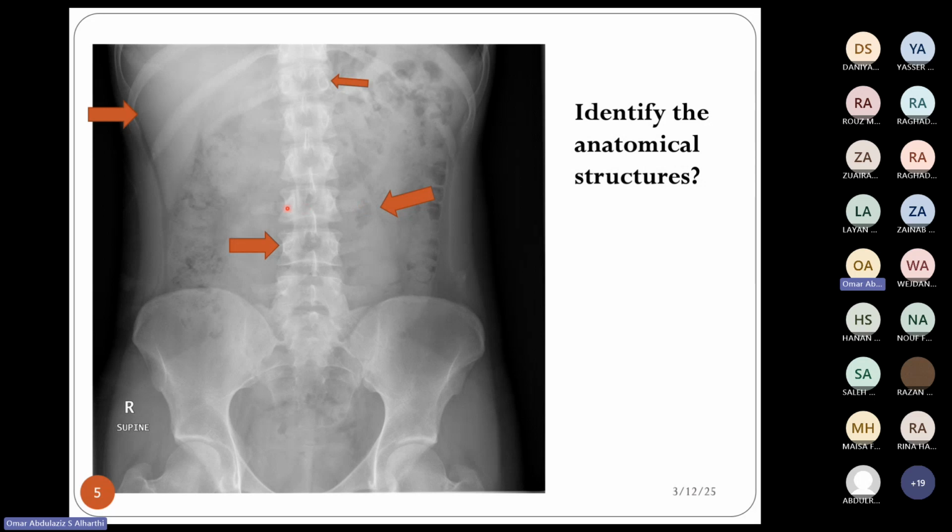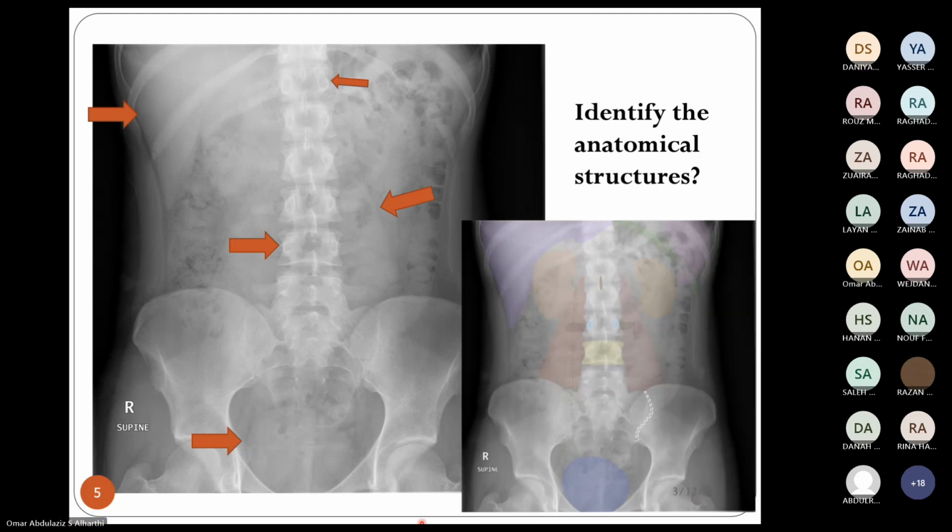But what is the name of this circle? Pedicle, yes. Excellent. What is this? Bladder, yes, excellent. All right, so bladder, psoas major, vertebral body, pedicle, kidneys, liver, spleen, and so on.